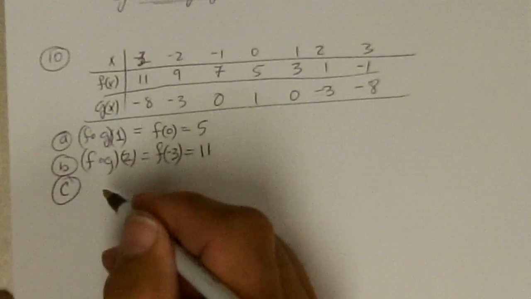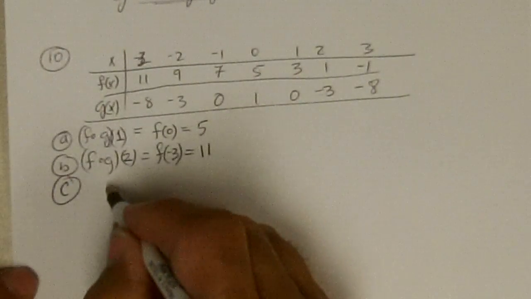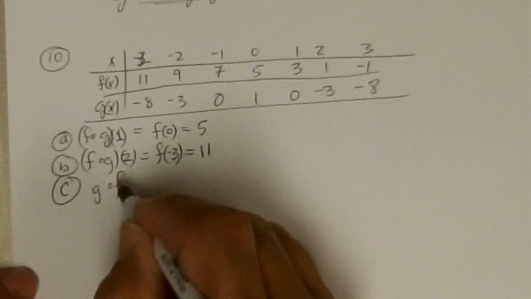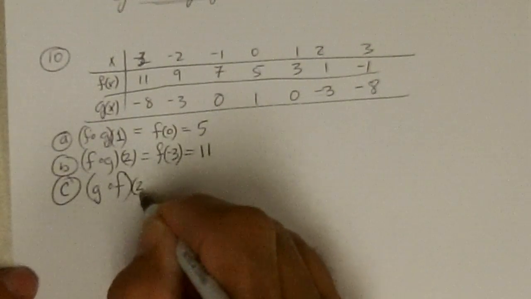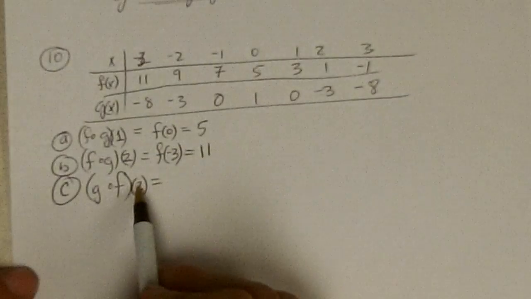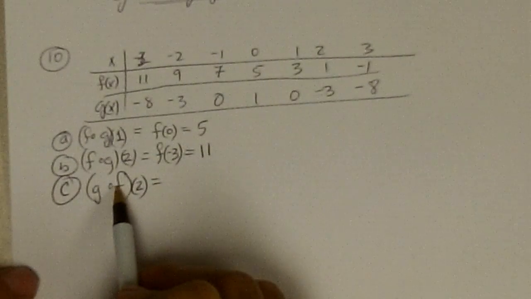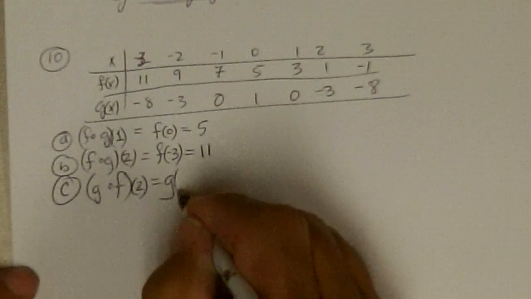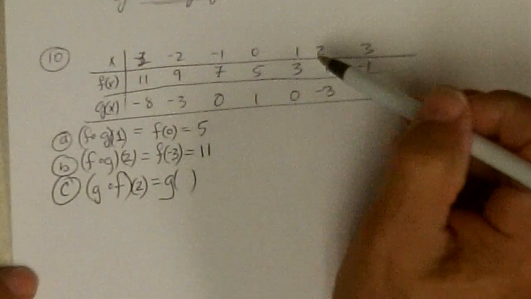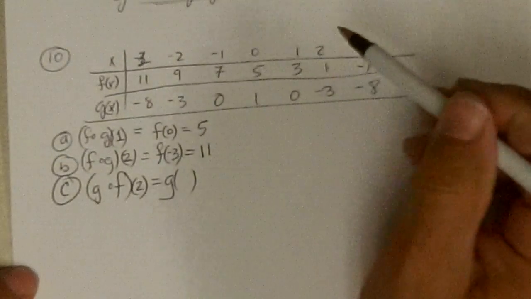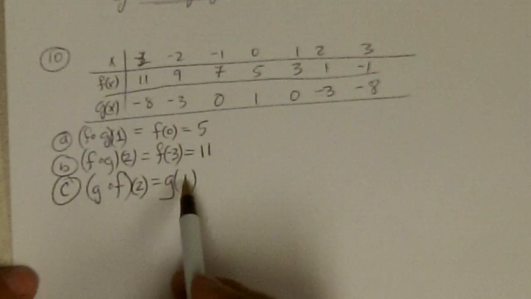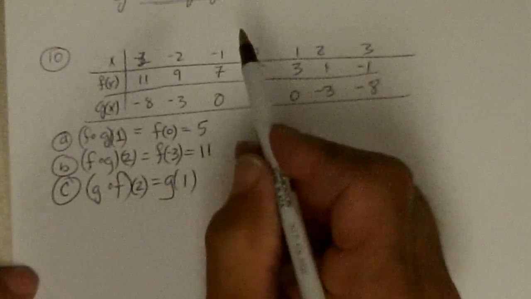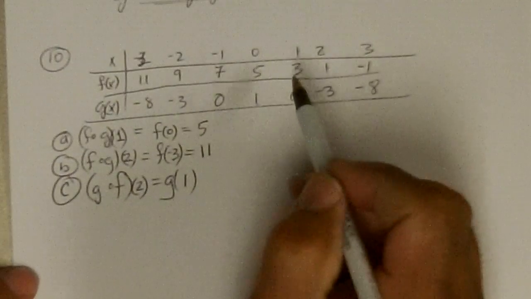C. We're supposed to find g of f of 2. So we just reversed them. So now we've got to put 2 into f first, and we get something. 2 into f is 1. So now we're supposed to take that answer and put it into G. So we're going to put 1 into G, and we get 0.